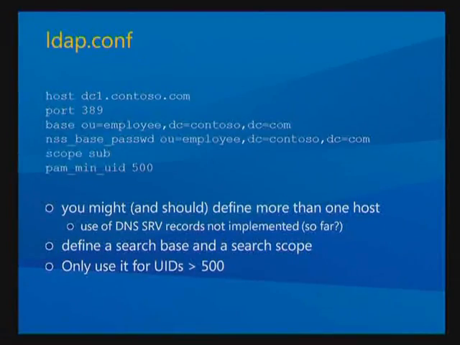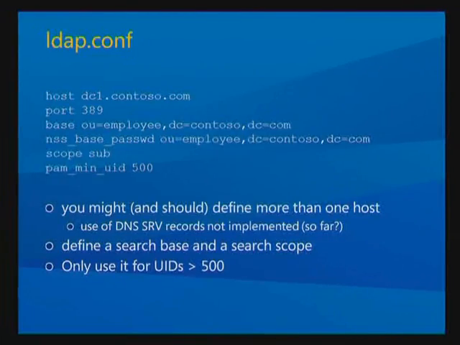You have to say which host to contact, which is my Active Directory domain controller, and you might and should define more than one host. Just leave a blank in between, because there might be implementations where the DNS service record lookup is supported, but it's not widely used. So you just enter static domain controller names here.